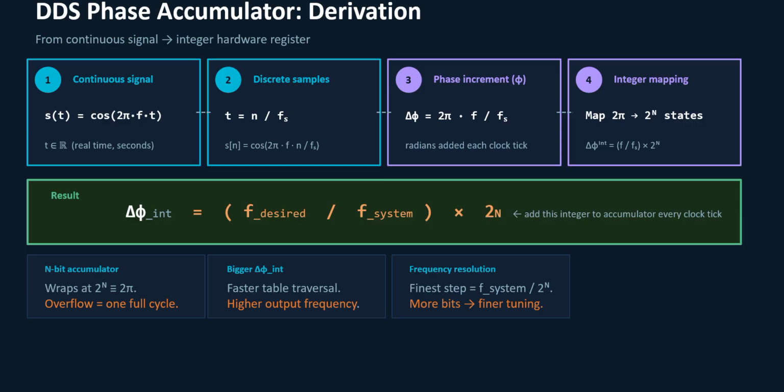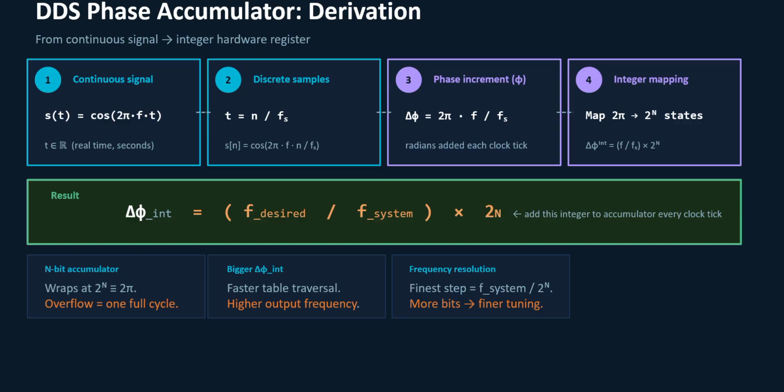As you can see from the equation, the variables are interrelated. For fine tuning, for example if you want a small frequency resolution, then you want your phase width, which is the 2 to the n, to be bigger. If you have a bigger phase increment, then you will have a higher output frequency.